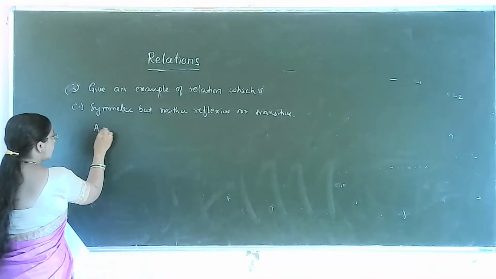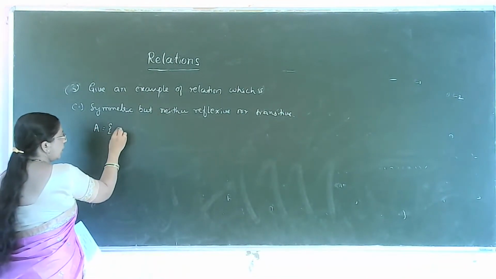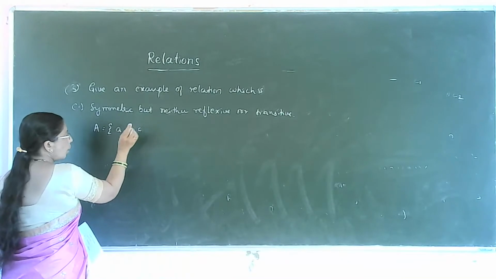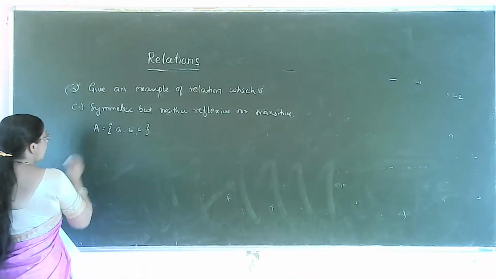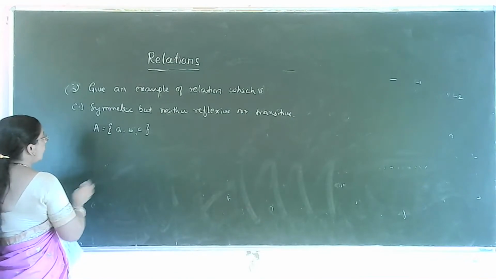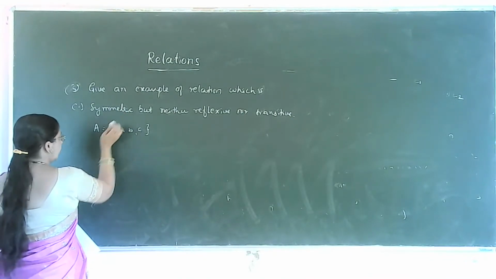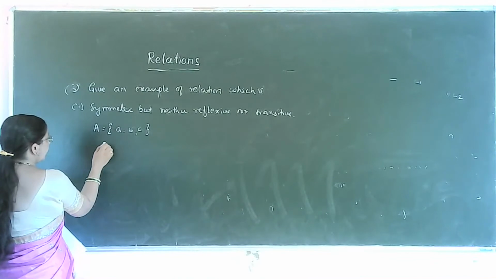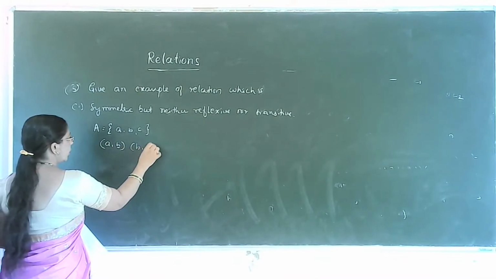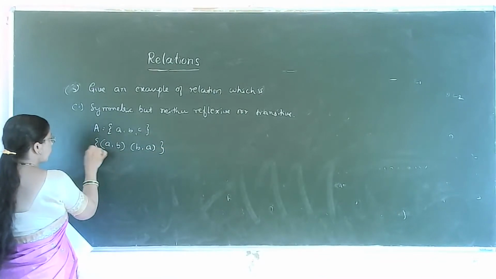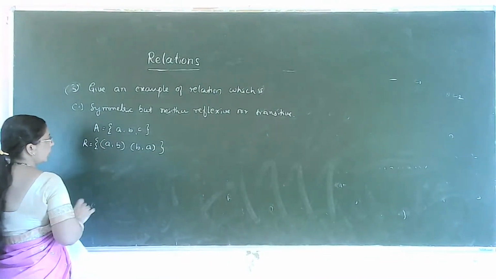Here, first you have to write the set, either {a, b, c} or {1, 2, 3}. If it is {a, b, c} or {1, 2, 3}, you can write here (a, b) and (b, a). These belong to R.